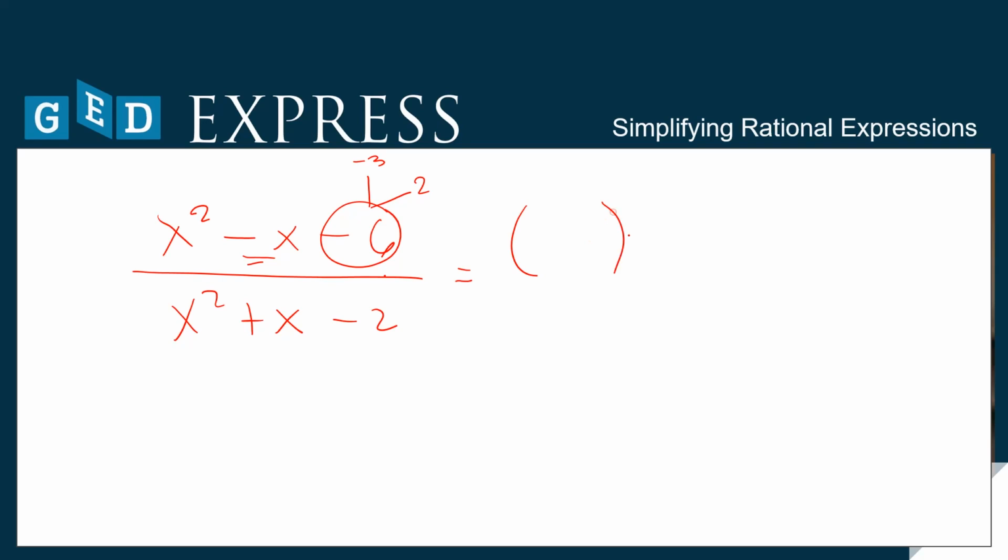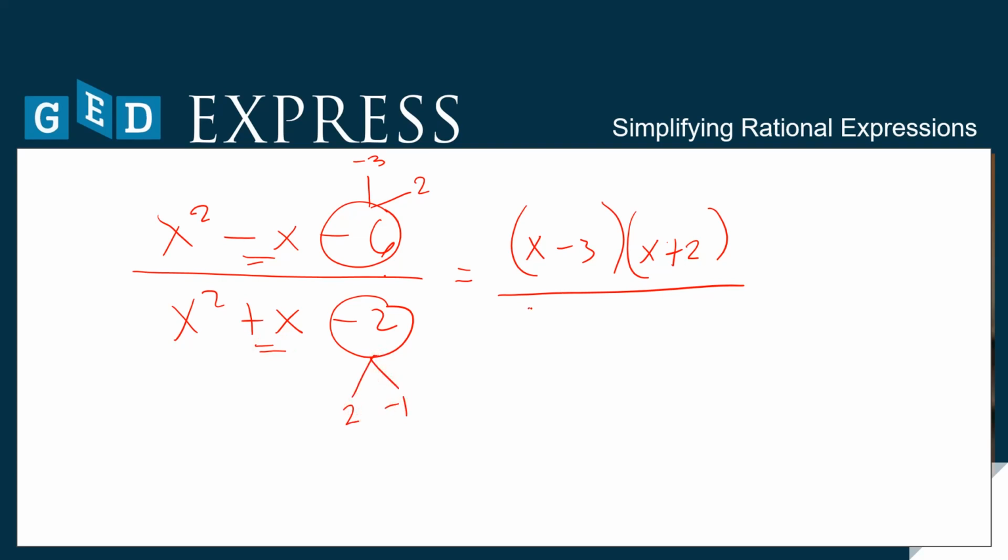So we can rewrite it in these factors: x minus 3 times x plus 2, over the denominator. For the denominator, the pair of factors for minus 2, the number term, which when you add them up equal the coefficient of the x term, are 2 and minus 1.